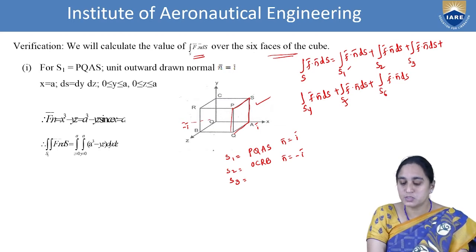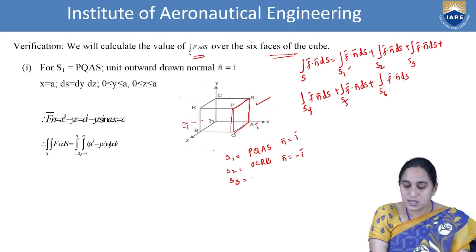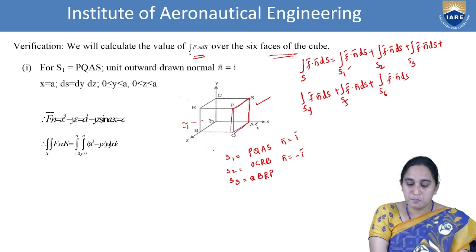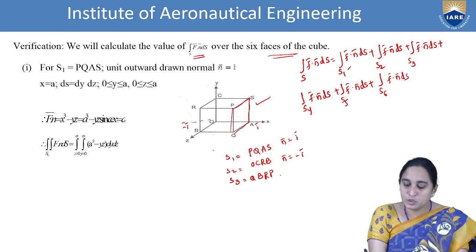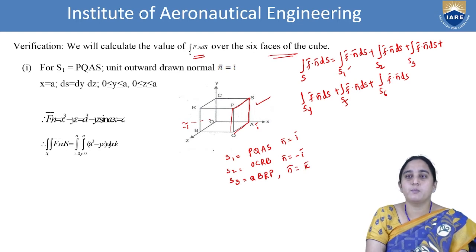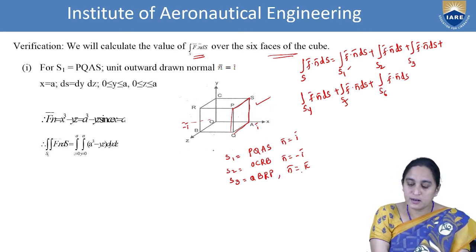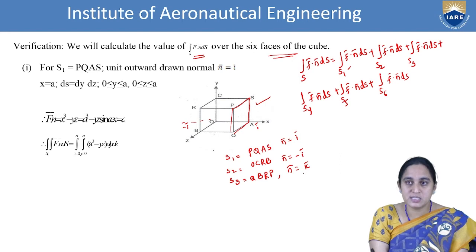This is the positive direction, that is Q, B, R, P. That unit normal vector is n bar equal to k bar. What about the next face on the cube on the z-axis? Here n bar is k bar, meaning this is on the z-axis.